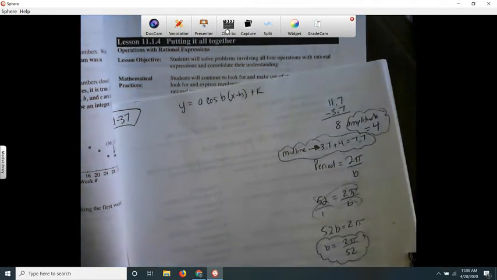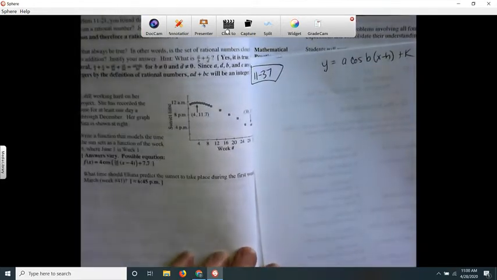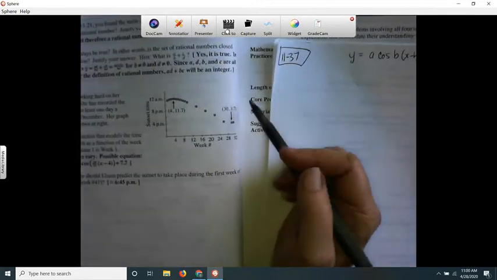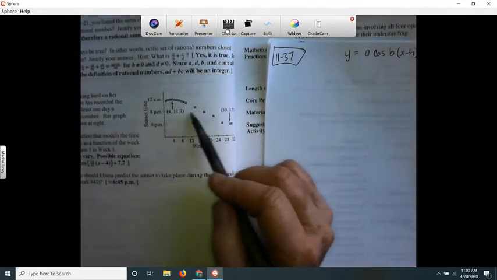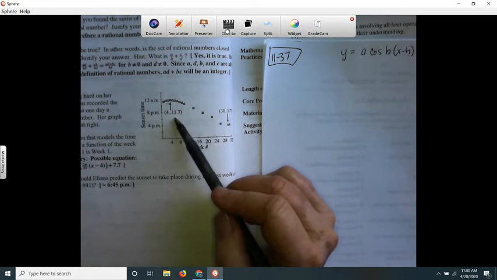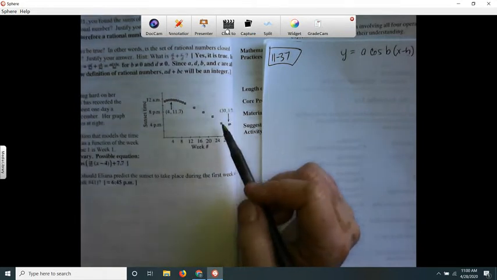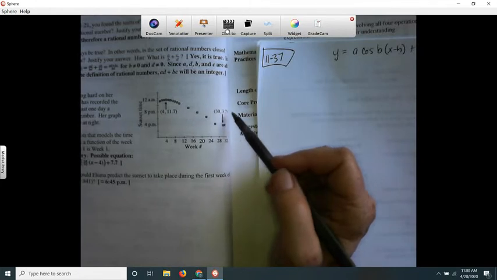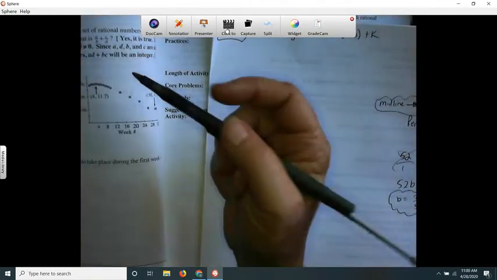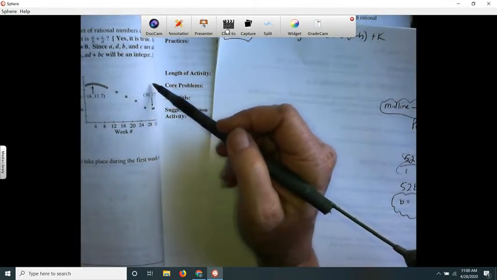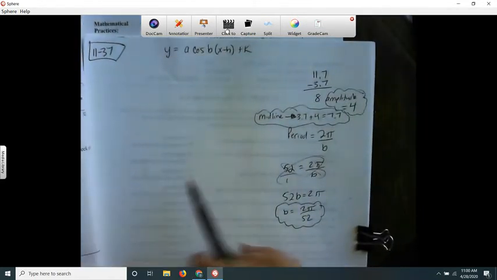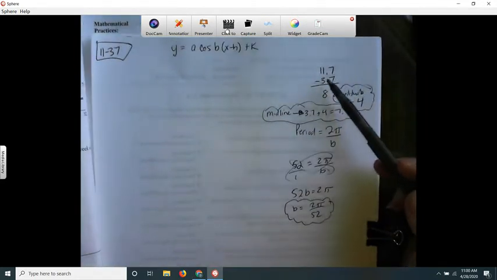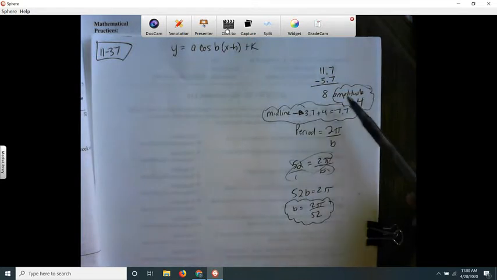The amplitude is how high and low the wave goes from the middle. So I see that the highest point is 11.7, and the lowest point is 3.7. So from the bottom to the very top, 11.7 minus 3.7 is 8.